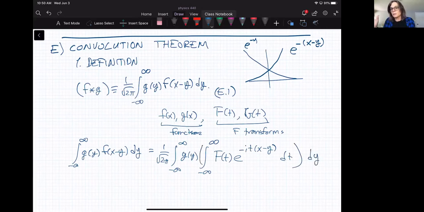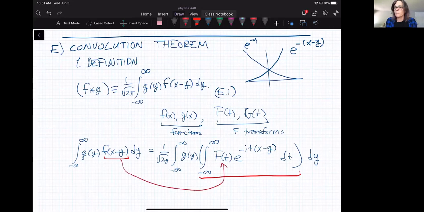So it's worth taking a moment to think about what we've done here. That's equivalent to the inverse transform of the transform, right? If we did the Fourier transform of f of x minus y, we would get capital F of t. If we do the inverse Fourier transform of F of t, we should get f of x minus y.